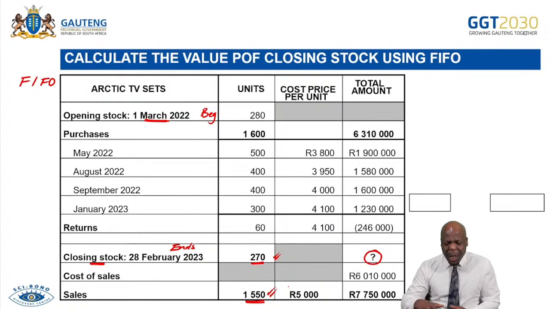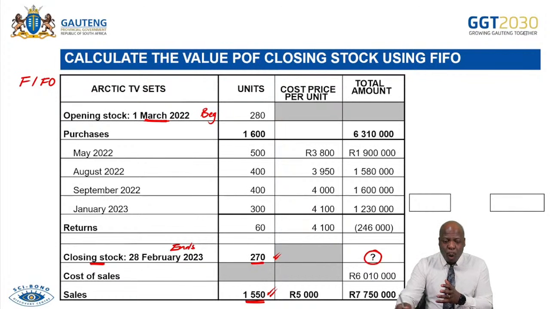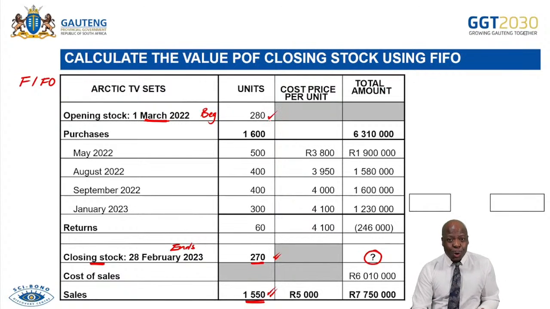So we know that if they have sold 1,550 units, our opening stock of 280, these have already been sold. They have been sold because whatever came in first was sold first. So we sold the opening stock units before we even sold the purchases in May.